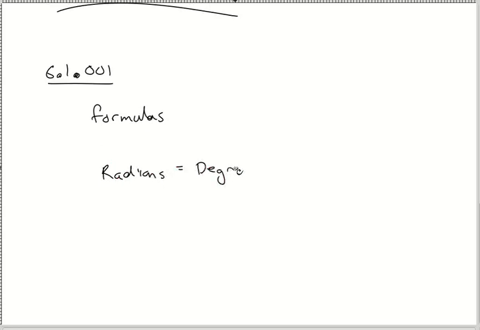Radians equals degrees times pi over 180, and degrees equals radians times 180 over pi. I can't quite remember if we've seen these formulas yet. I know we used the unit circle a lot back in the day, but these are the formulas you can use to convert back and forth.